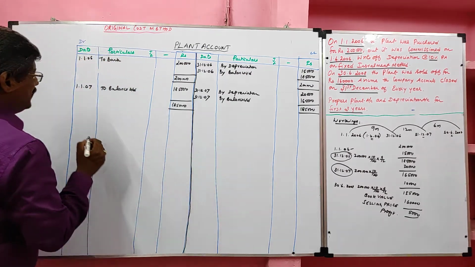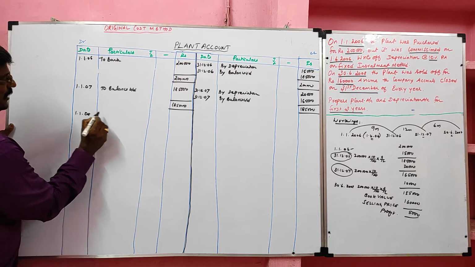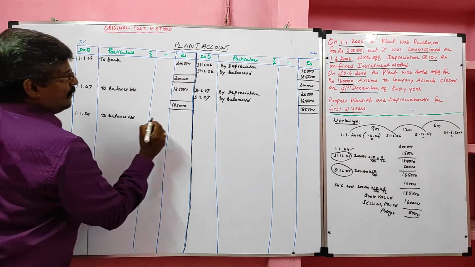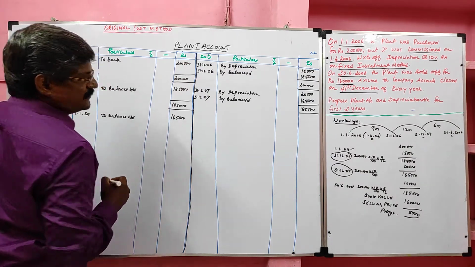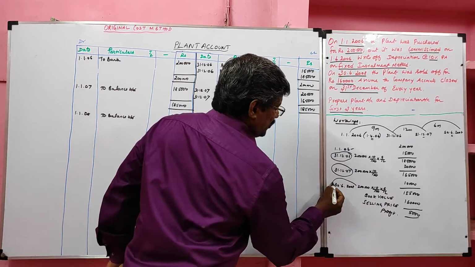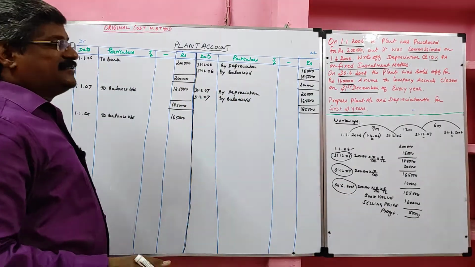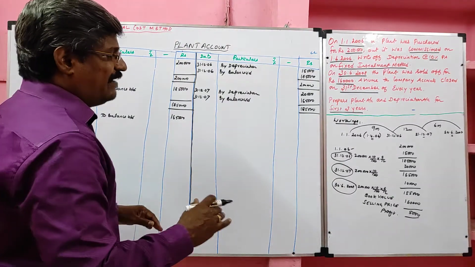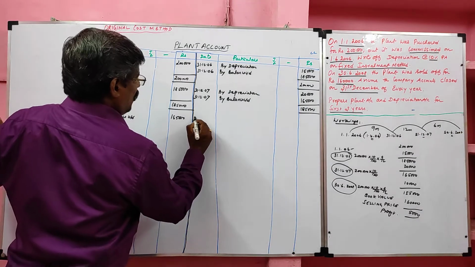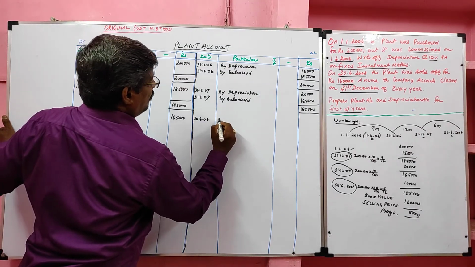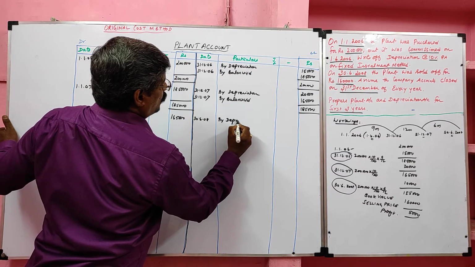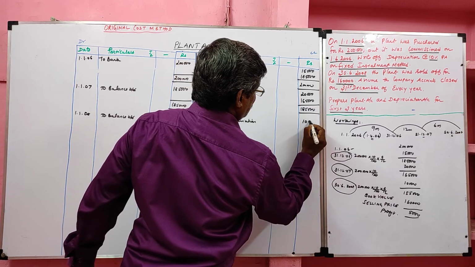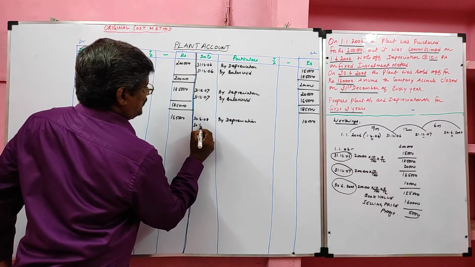31/12/2007. Then third year starts on 1st January 2008. To balance b/d 1,65,000. So the third year actually ends on 31st December, but we sold the plant on 30th June 2008. So we have to close accounts up to 30th June. On 30th June 2008, first we have to post the depreciation. The value of depreciation in the third year is 10,000. Then on 30th June they sold.